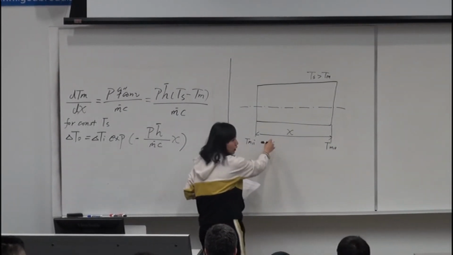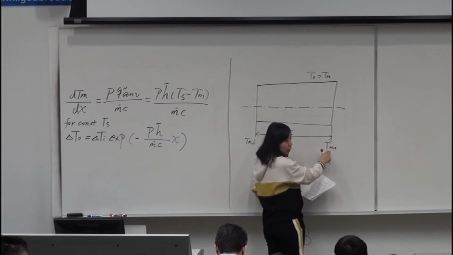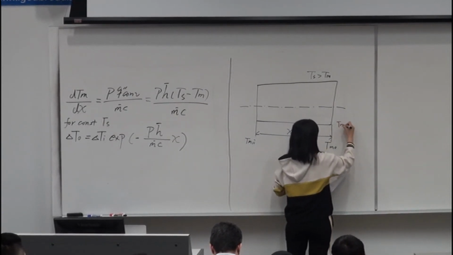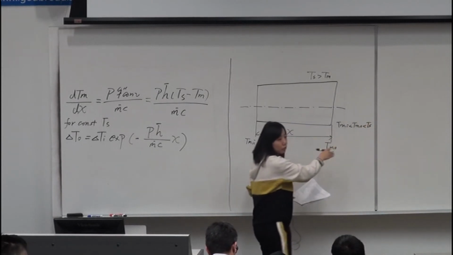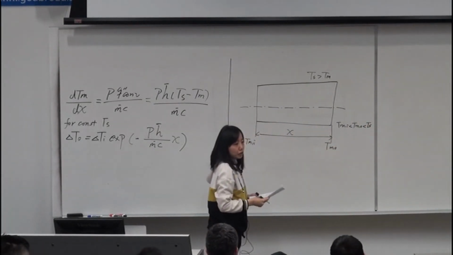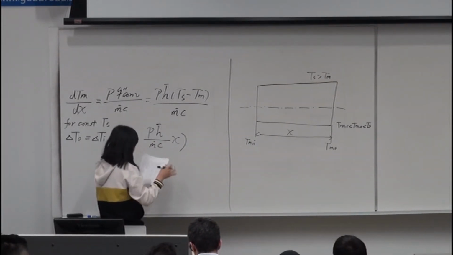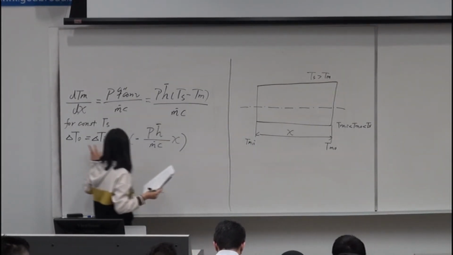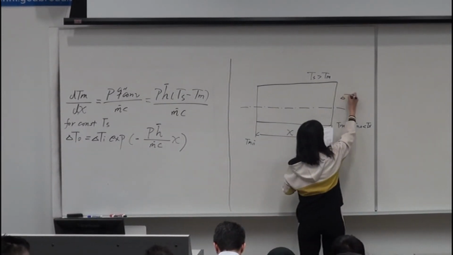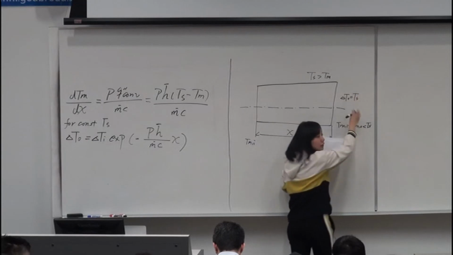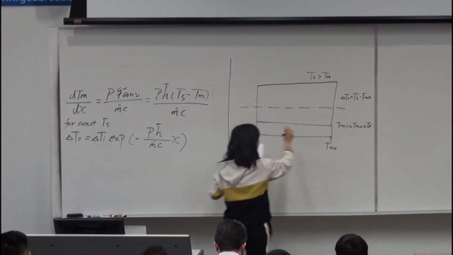Let's consider a finite length of tube, which means at the outlet, the mean temperature is still smaller than the tube surface temperature. Delta To here is the outlet temperature difference between the tube surface temperature and the mean temperature at the outlet.